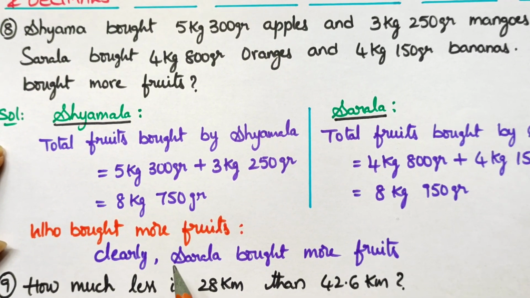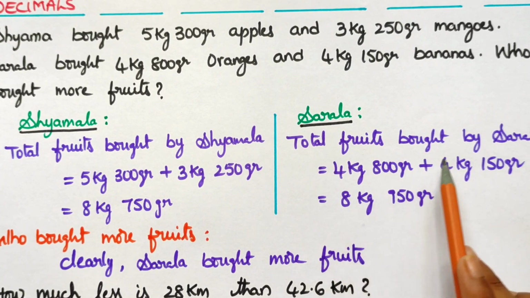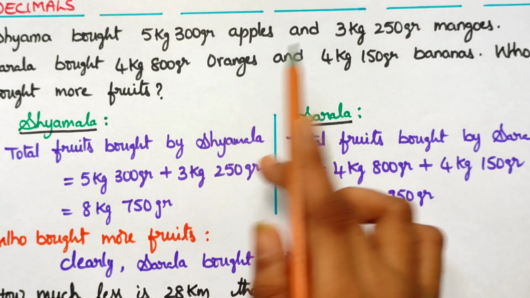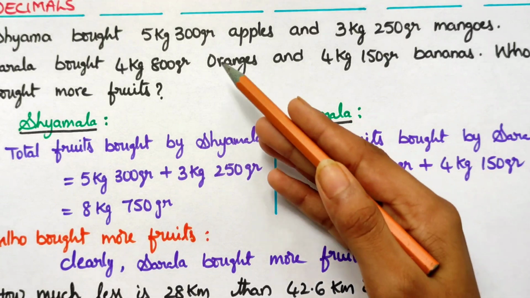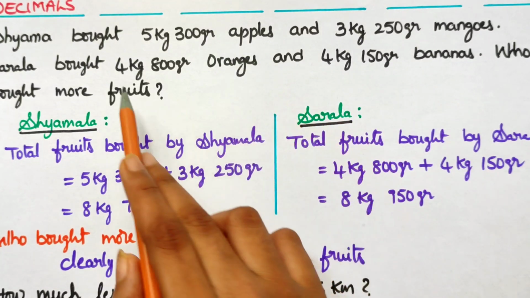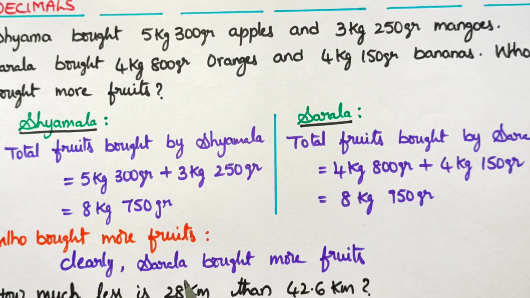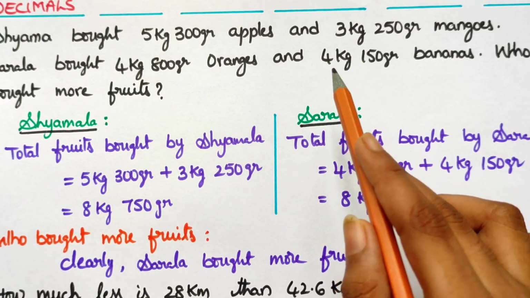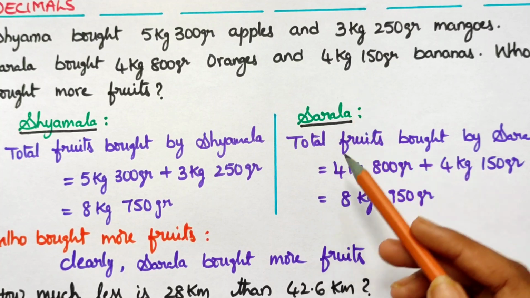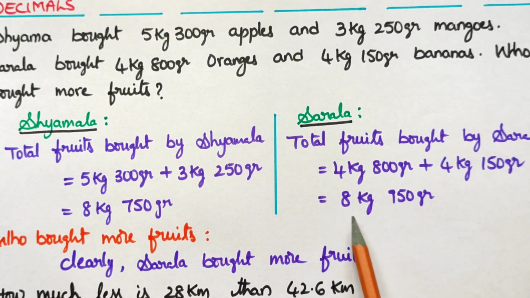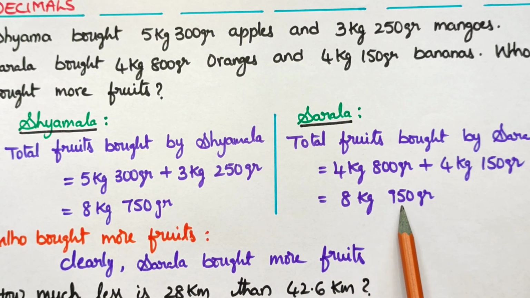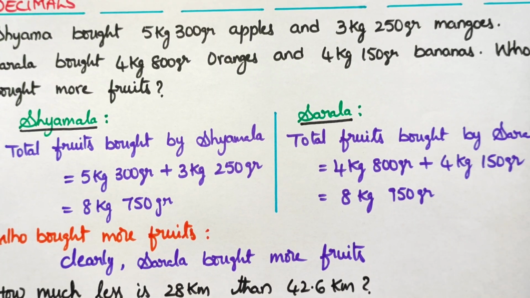There is another girl named Sarala. Total fruits bought by Sarala are oranges and bananas. Weight of oranges 4 kg 800 grams plus weight of bananas 4 kg 150 grams. So total weight of fruits bought by Sarala is 8 kg 950 grams.